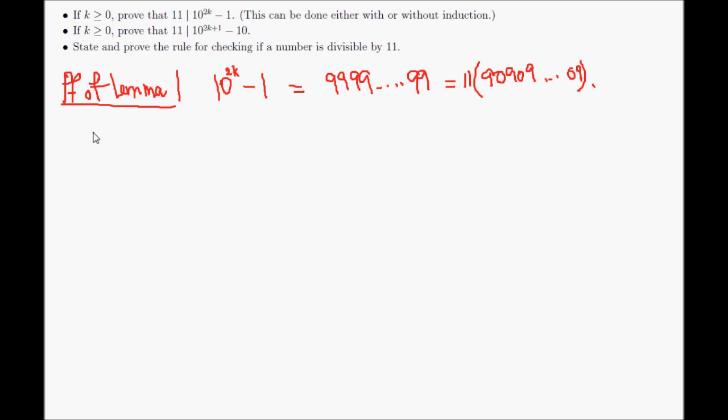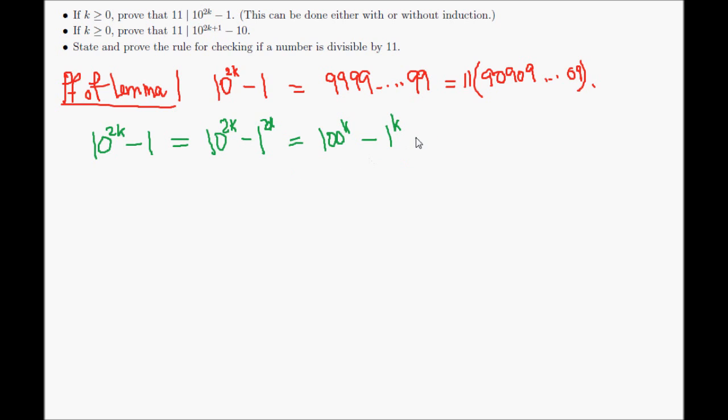The second proof, which actually does hold water, is if you write 10 to the 2k minus 1. That's the same thing as 10 to the 2k minus 1 to the 2k. So that's equal to 100 to the k minus 1 to the k, because 10 to the 2k is equal to 10 squared to the k.